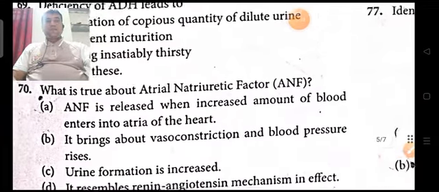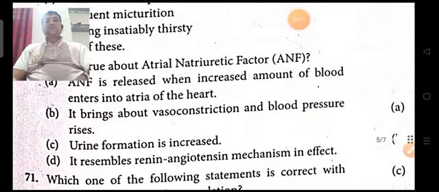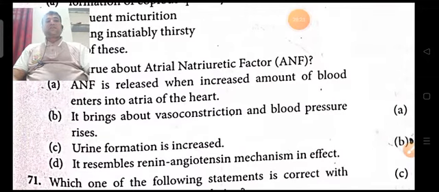What is true about atrial natriuretic factor? Atrial natriuretic factor is released when increased amount of blood enters into the atria of the heart. It brings about vasoconstriction and blood pressure rises. Urine formation is increased. It resembles renin-angiotensin mechanism in effect.